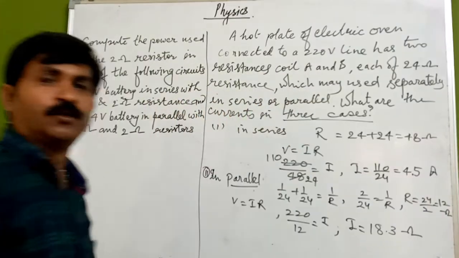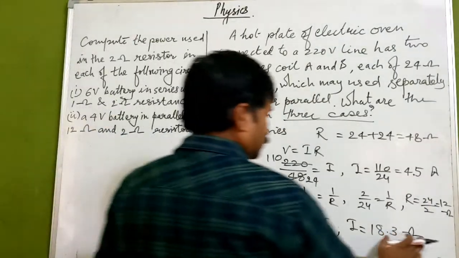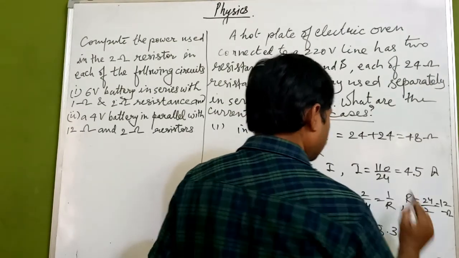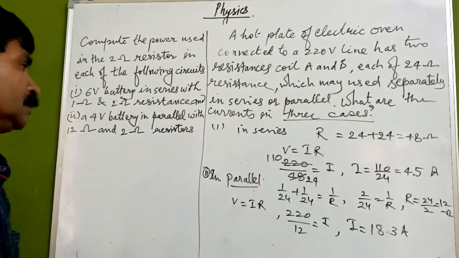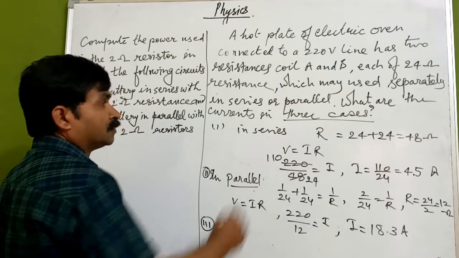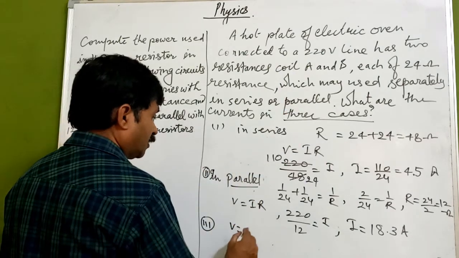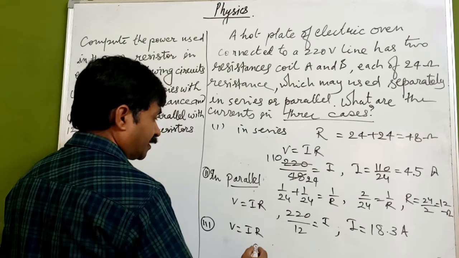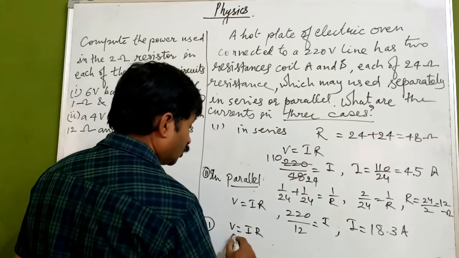Nearly 18.3 ampere, that is ampere. Now this is in parallel. Now if we are using only one resistance, meaning 24 ohm, V is equal to I into R. R is given to us as 24 and V is 220.